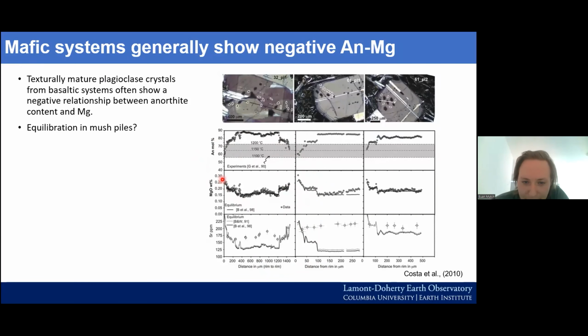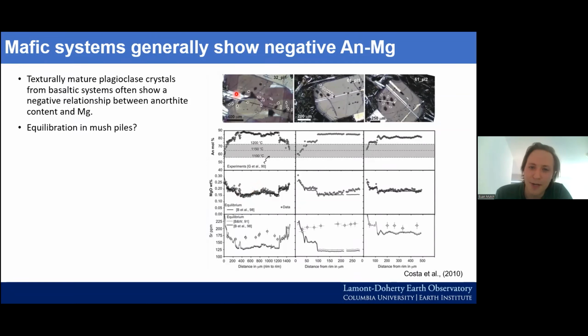What you can see is the magnesium content nicely mirrors the anorthite profile. Interestingly, in this instance, the magnesium profile fits the equilibrium condition calculated using the Bindeman model extremely well.